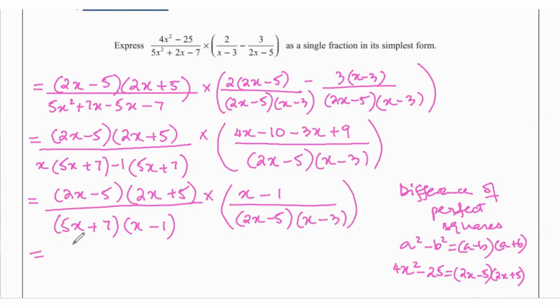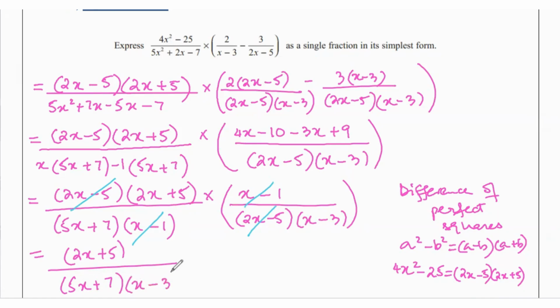Now when we have two fractions being multiplied, we can simplify it vertically and diagonally. Diagonally, if you notice, we have 2x minus 5 over here and here, x minus 1 over here and here, and we cannot further simplify anything else. So it's 2x plus 5 divided by 5x plus 7 times x minus 3.